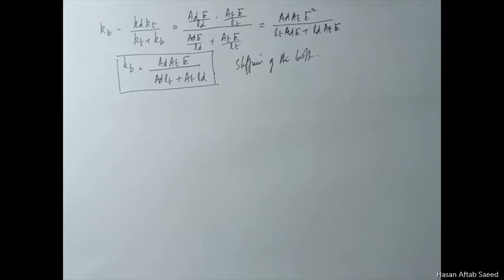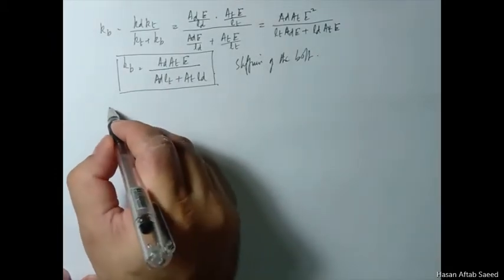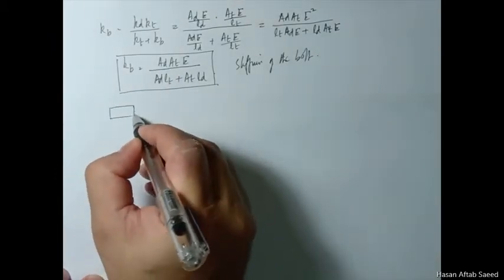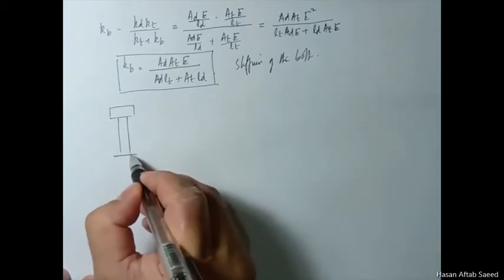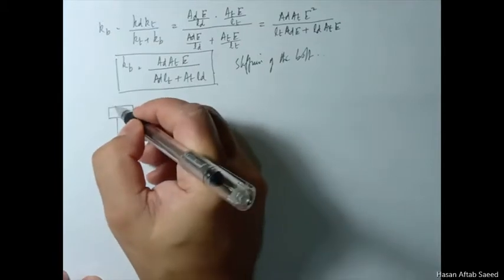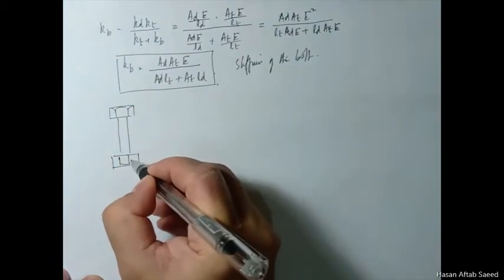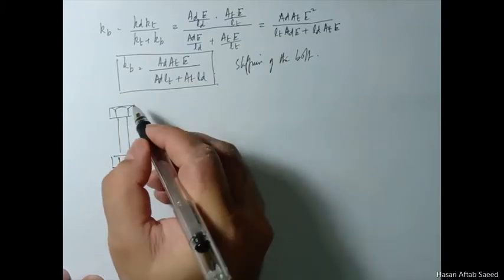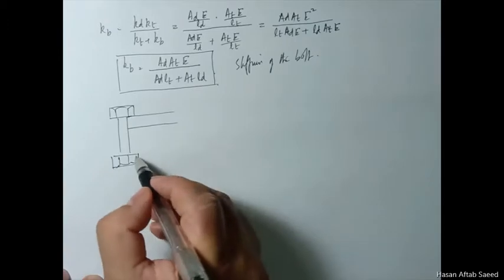Now, once this board stiffness has been taken care of, let's come to the stiffness of the members. Now, if this was the bolt, let me draw it again. This is the bolt, this is the nut, this is the plate.